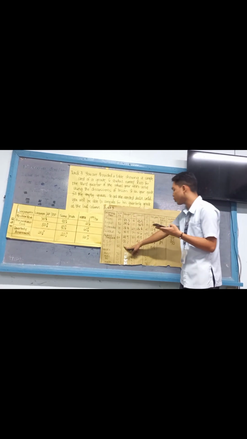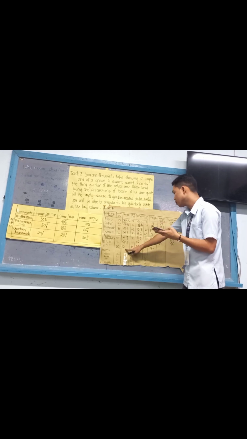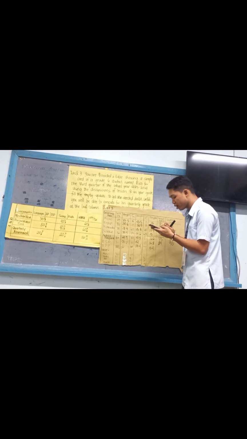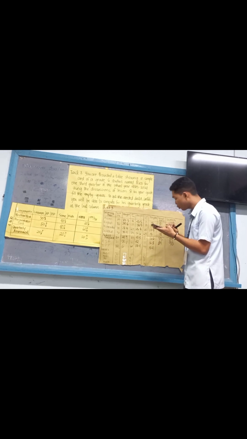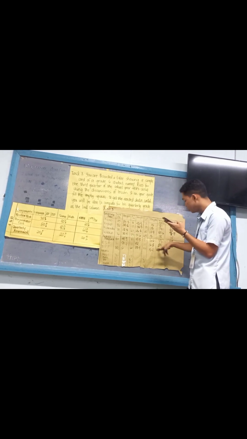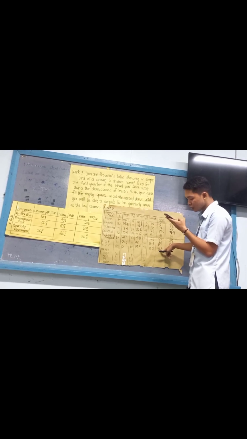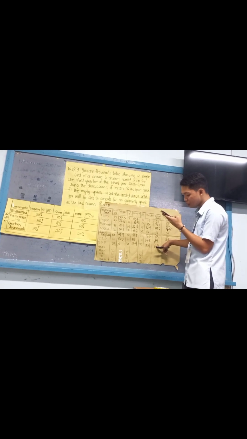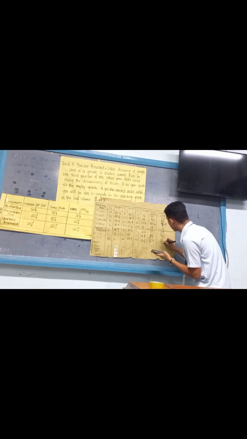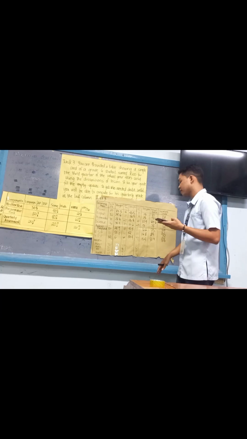So let's add all the weighted scores. So 16 plus 50.4 plus 15.4 is equals to 81.9. So let's transmute it to get the quarterly grade. 81 to 88. The quarterly grade of EPP is 88.